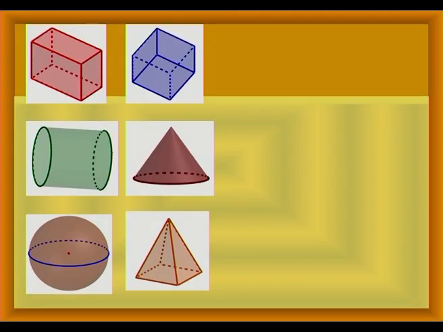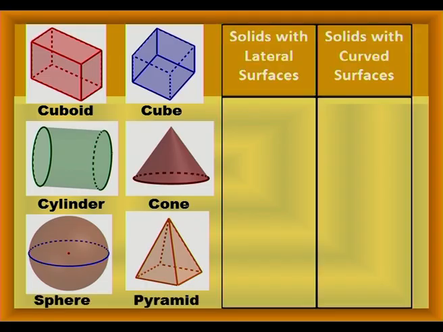Look at the screen. Here, these are some of the solids which you are already familiar with. Observe, the first one is a cuboid, the second one is a cube, the third one is a cylinder, next it is a cone, sphere and pyramid. Now, we are going to classify them as solids with lateral surfaces and solids with curved surfaces.